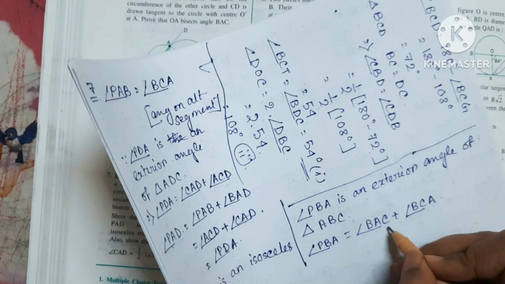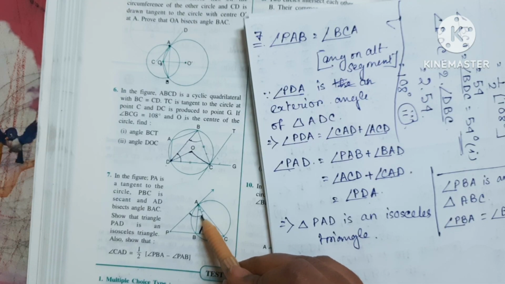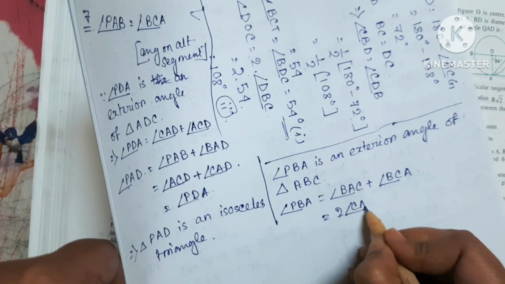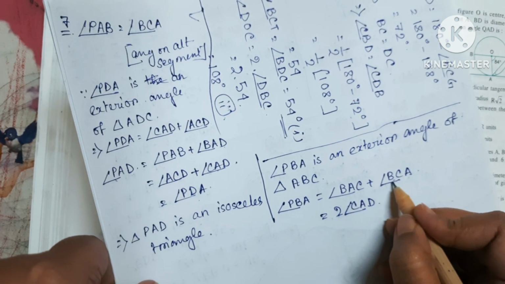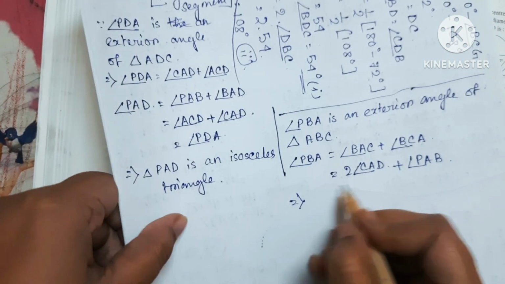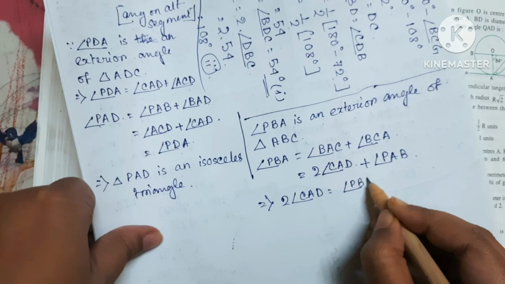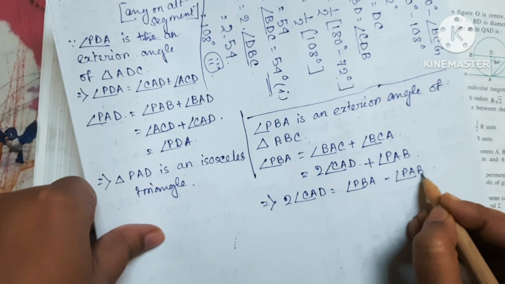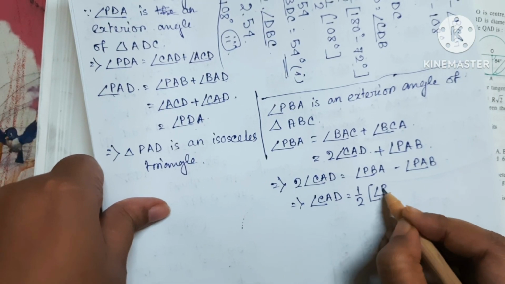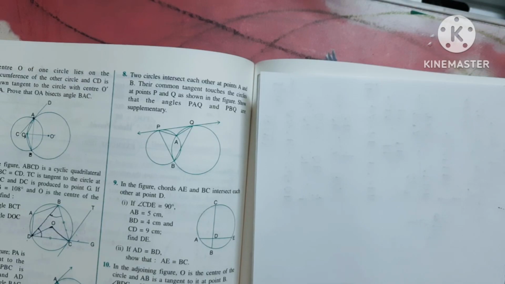Now instead of BAC, you can write 2 into CAD, and instead of BCA, you can write angle PAB. So 2 into CAD is angle PBA minus angle PAB. So angle CAD will be half of PBA minus PAB.